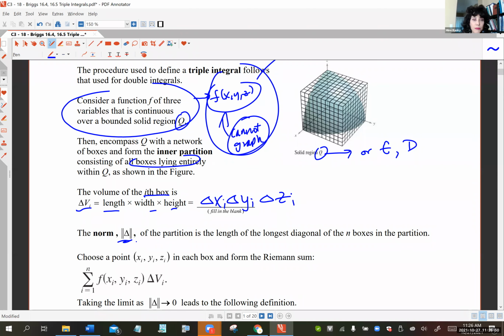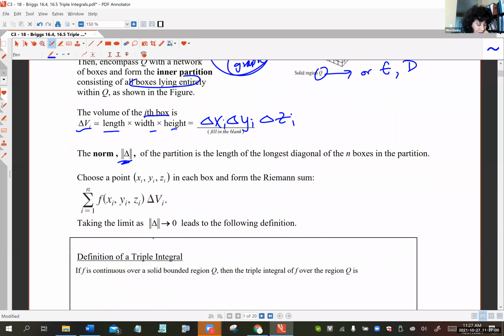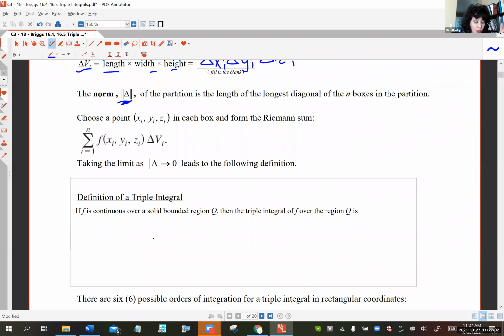The norm of our partition, which looks like you're doing a magnitude, denotes the length of the longest diagonal of the n boxes that you see in a partition. Choose a point in each box, form a Riemann sum. You're going to do a sigma, and you're going to sum the product of this function with all the volumes.